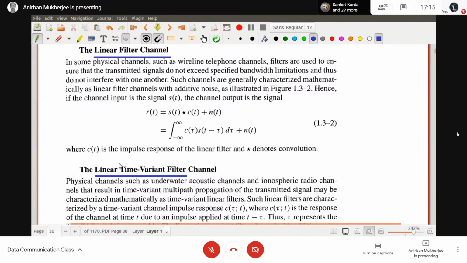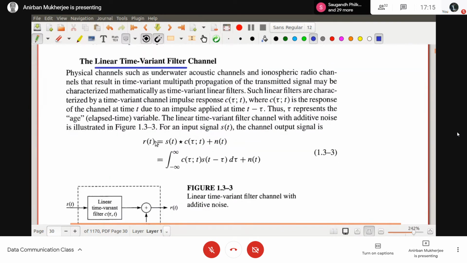Linear time variant means your r(t) is basically in terms of c(tau, t). So two terms, tau and t, come into the picture. Tau is the amount of actual time.